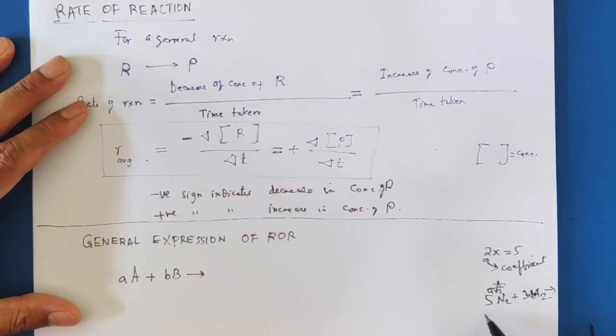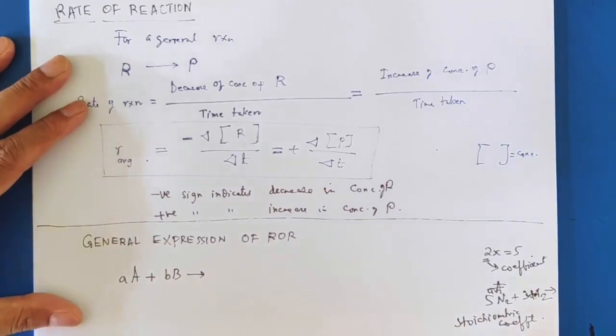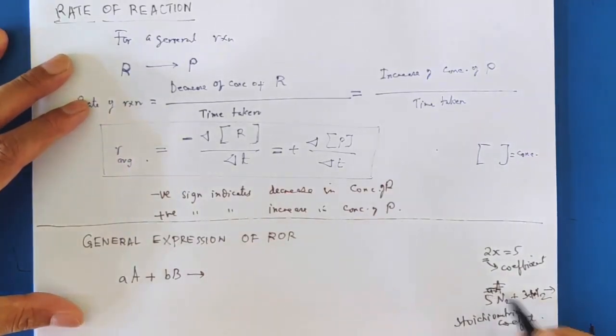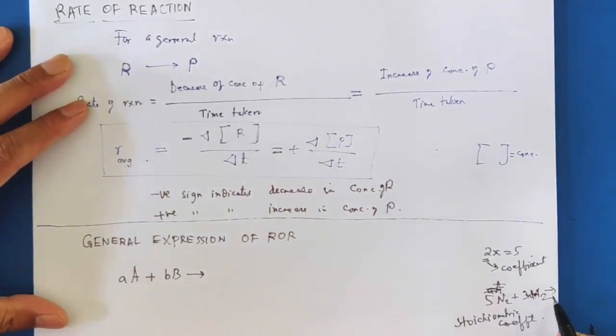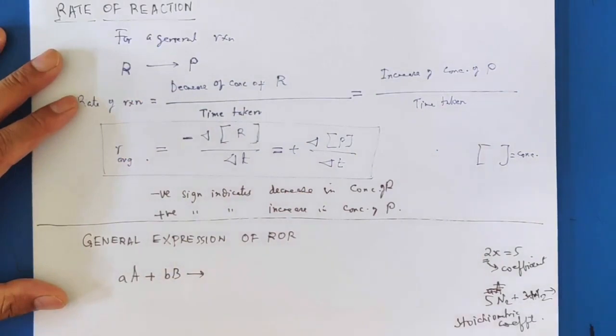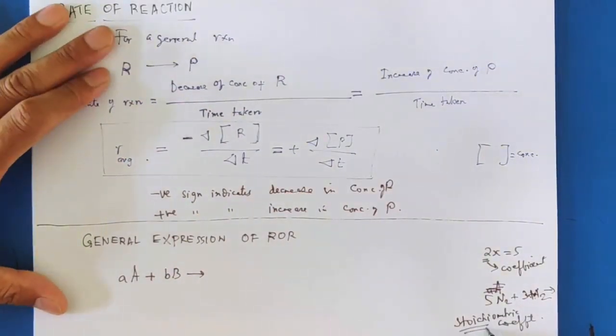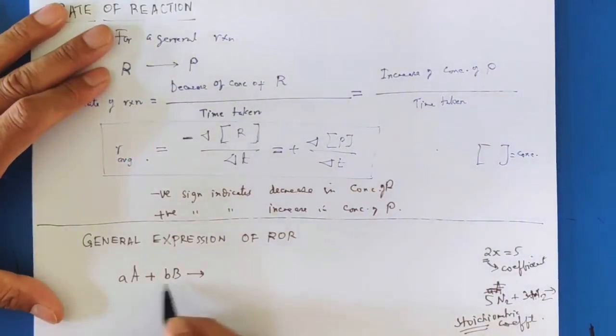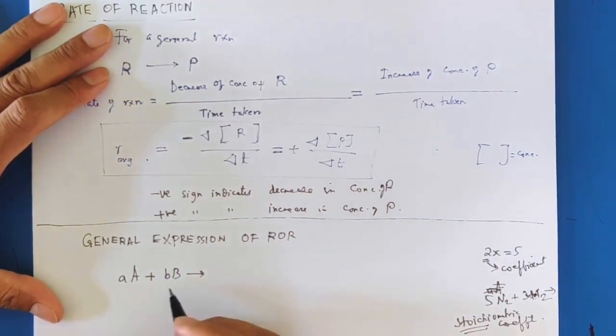In chemistry, stoichiometric coefficient is more correct, because hydrogen and nitrogen produce ammonia in specific numbers. So a and b are the stoichiometric coefficients of A and B respectively.